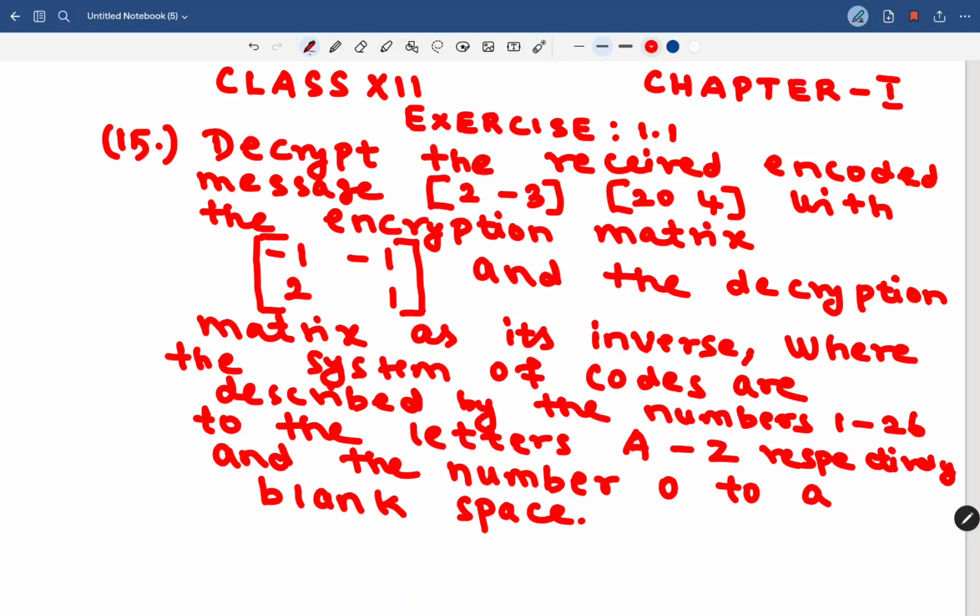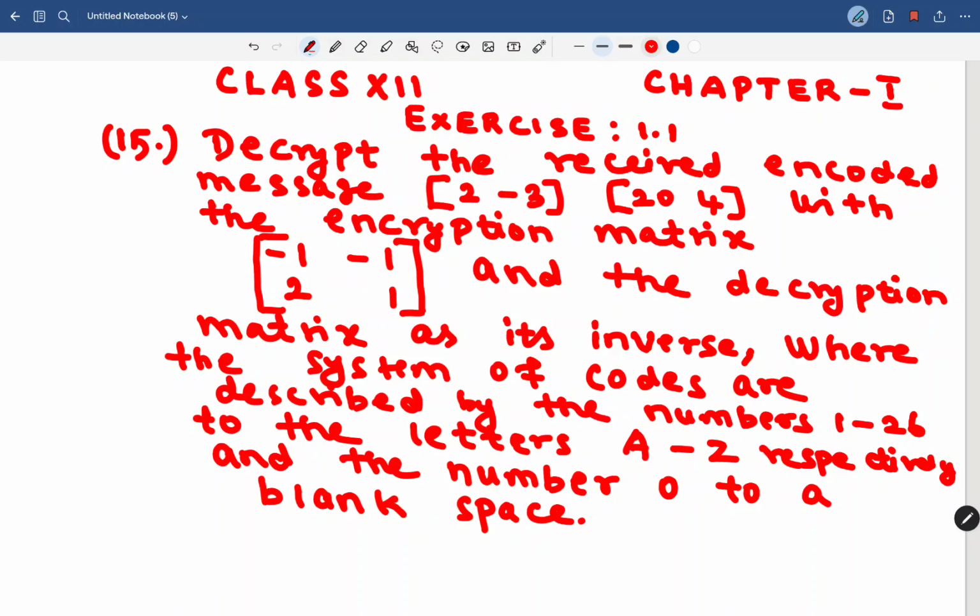The problem says: decrypt the received encoded message 2, minus 3, 24 with the encryption matrix, a 2 cross 2 matrix with first row minus 1, 1 and second row 2, 1, and the decryption matrix as its inverse, where the system of codes are described by the numbers 1 to 26 for the letters A to Z respectively, and the number 0 for a blank space.